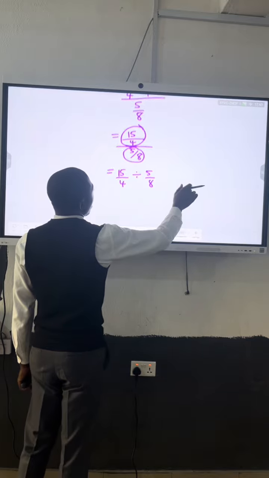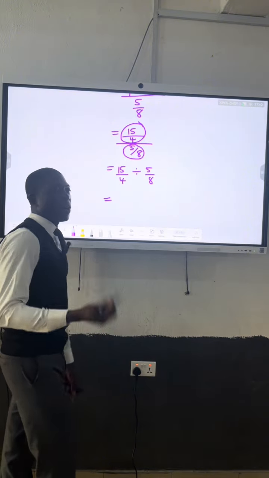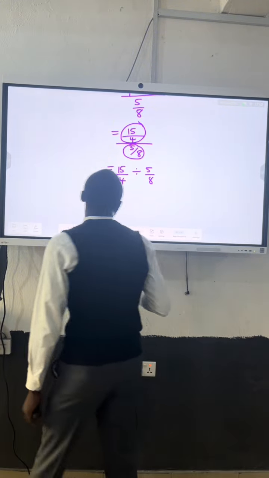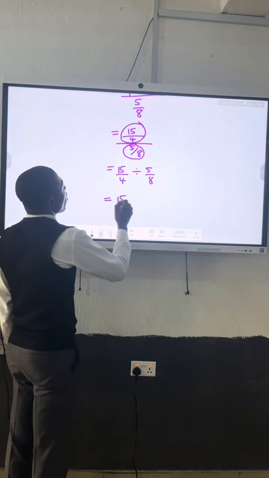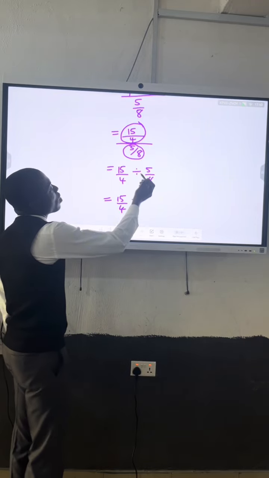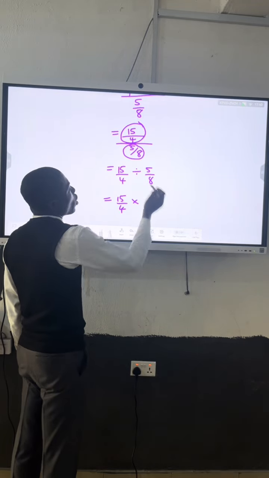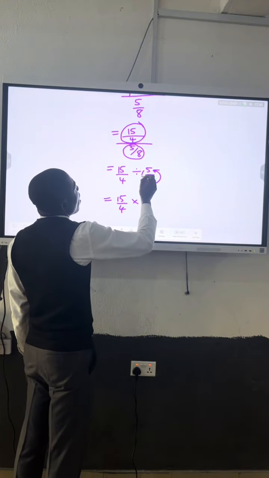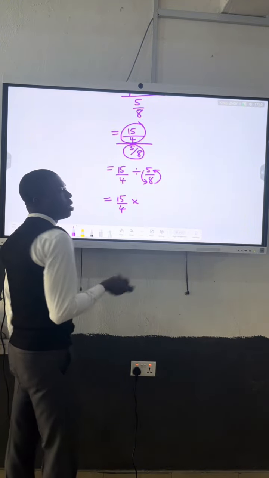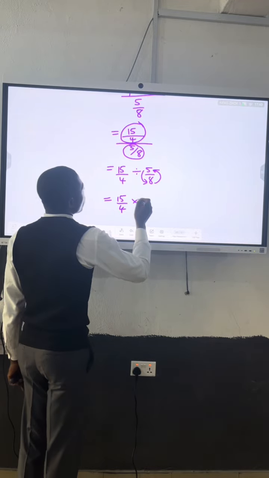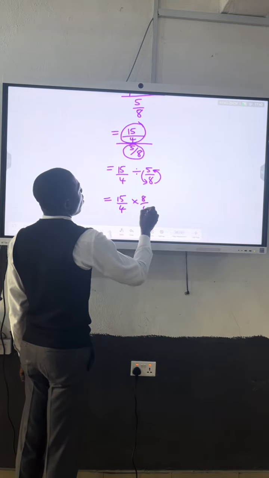Okay? Now, when you divide one fraction by another fraction, the first fraction will remain the way it is, like 15 over 4. But when you now change the division sign to a multiplication sign, the second fraction will change. It will reciprocate. So 8 will go up, 5 will come down. Remember, that happens to the second fraction only. All right, so let's go. So we have 8 over 5.